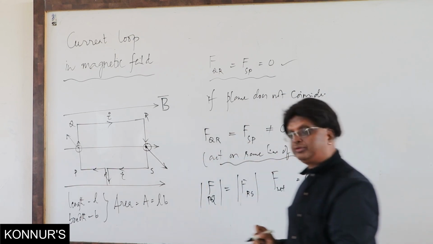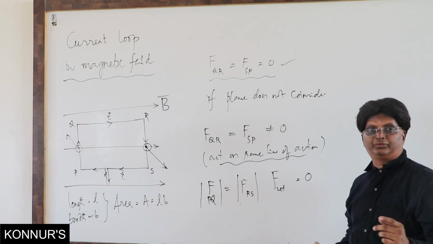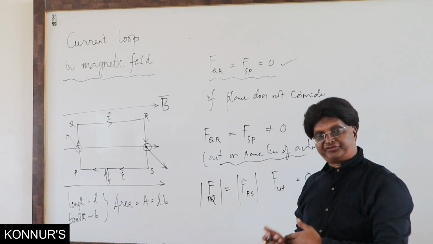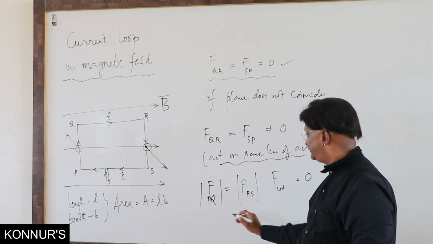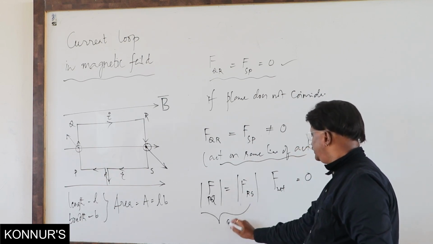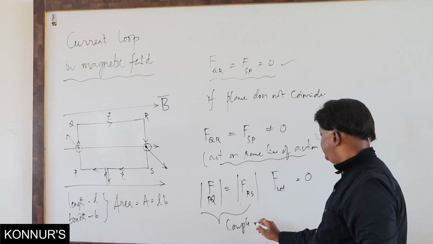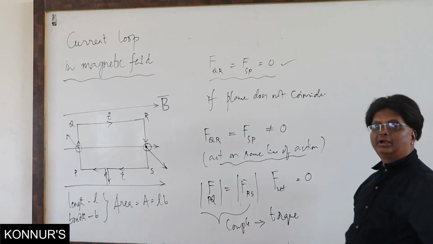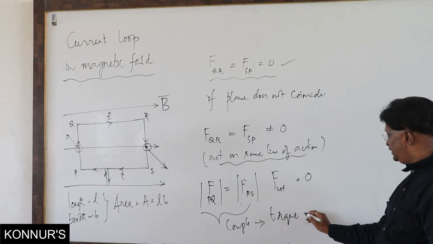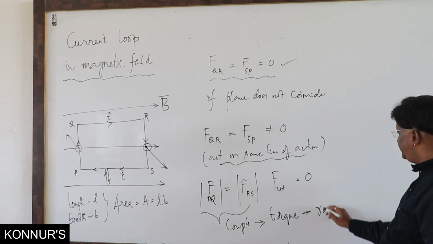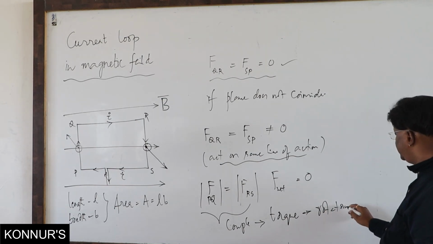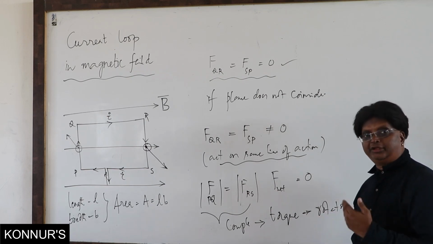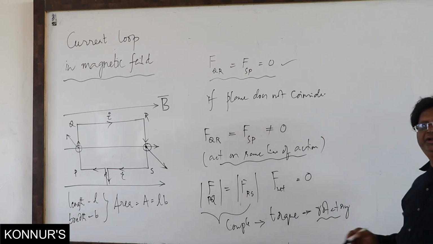Therefore, these are two forces, equal, opposite, and along different lines of action. Such a pair is what is called a couple. So they form a couple. And whenever there is a couple, torque will act. A couple will always give rise to torque, and torque gives rise to rotatory motion. Therefore, no question of translatory motion. Now the loop will experience rotatory motion.